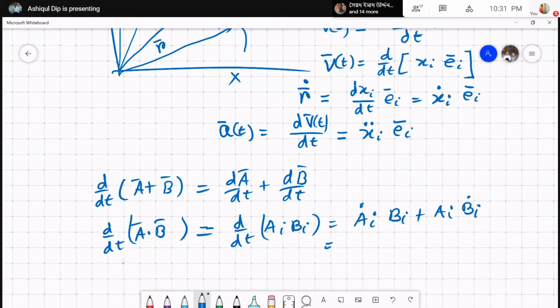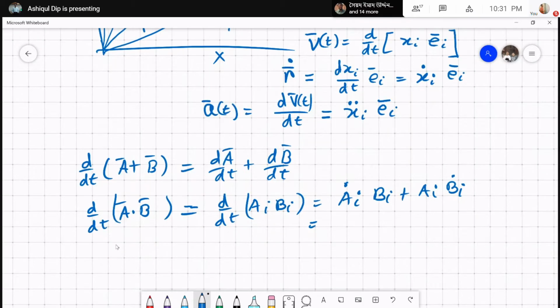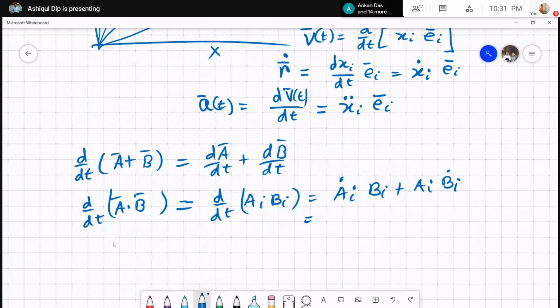So ai dot multiplied by bi is basically vector A dot with vector B, plus vector A dot with B dot. If you want a detailed calculation, you can do it. It's just that simple.